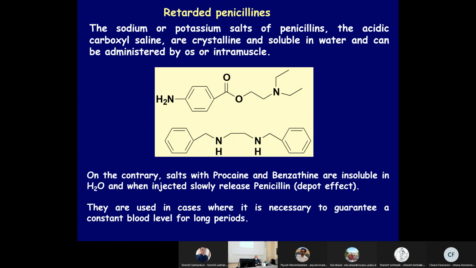So when you inject this type of formulation, you have normally a strong pain. In this case, the pain is controlled by the presence of procaine, which is a local anesthetic.